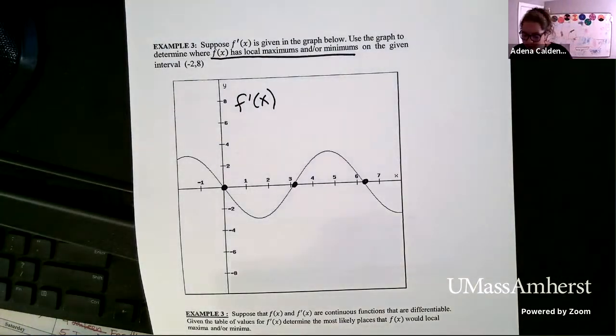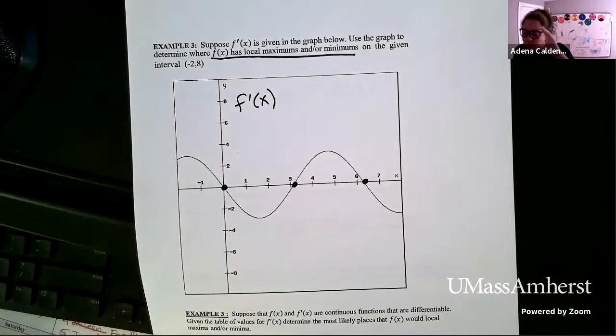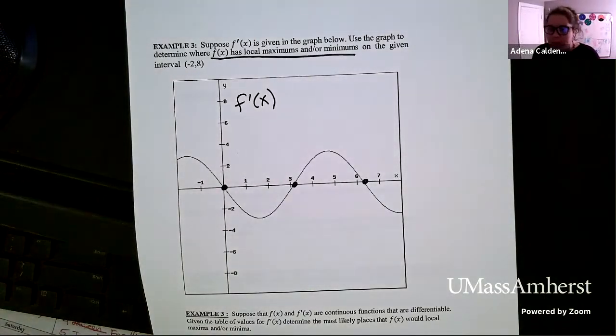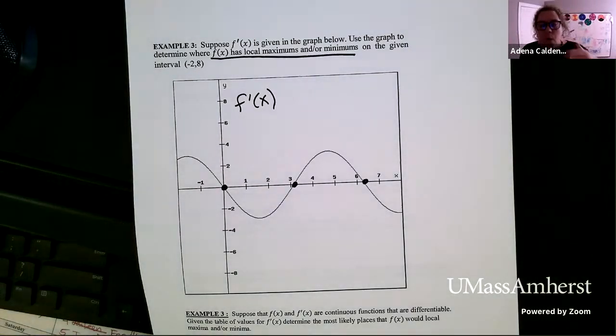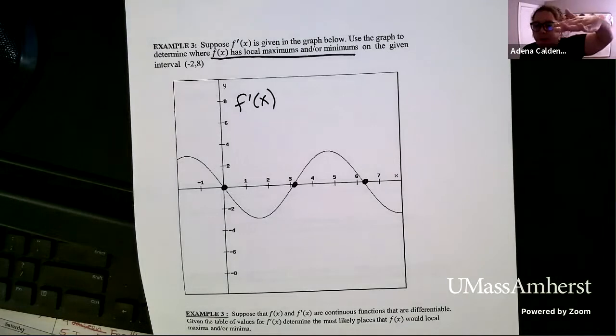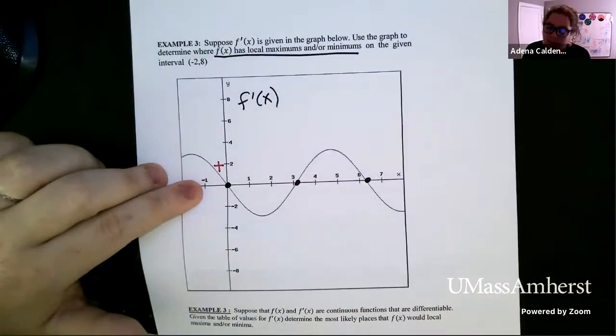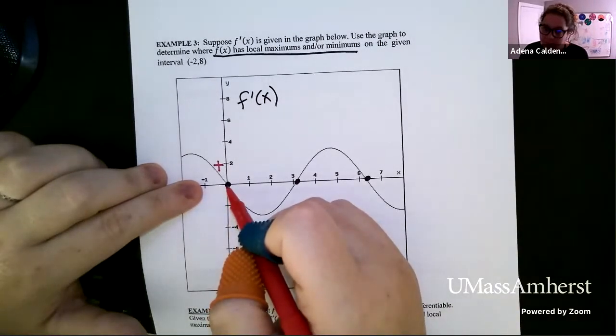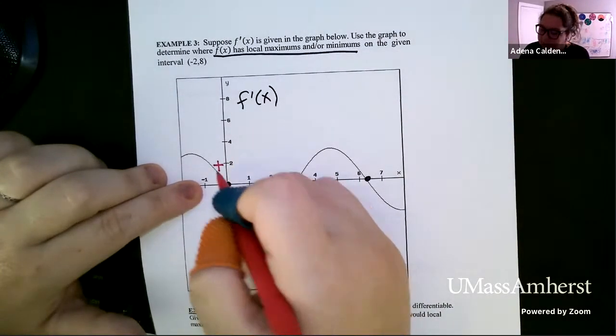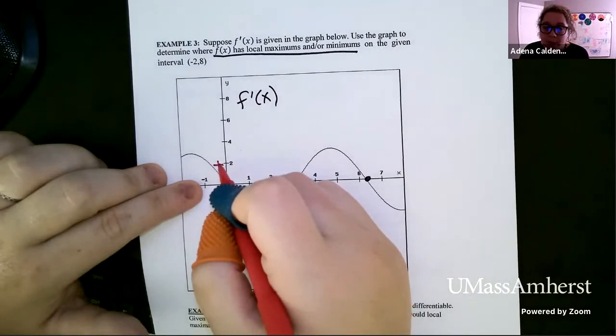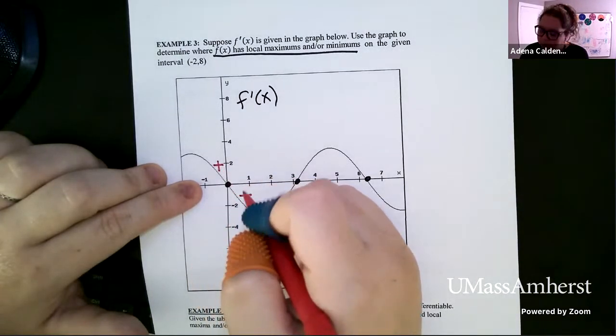So how do we incorporate that here? So when we talk about the first derivative being positive or negative, we are talking about if the function is above or below the x-axis. So here, the function is positive to the left of this particular point, and it's negative to the right, right? Because we're above, positive, below, negative.